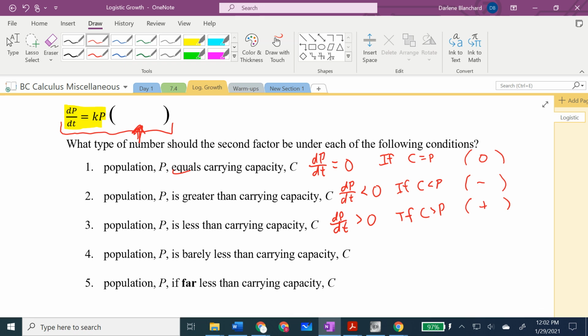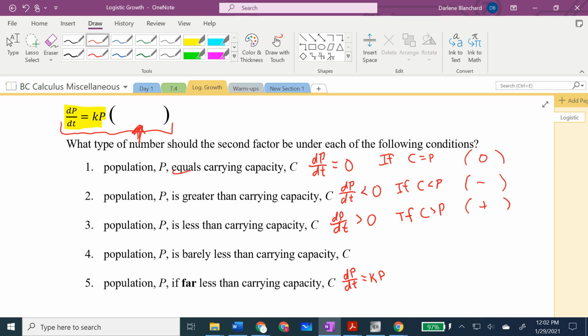Now, the last two are looking at if you do have your population under your carrying capacity. There's a big difference between being just under carrying capacity and being way under carrying capacity. If you are way under carrying capacity, then your growth rate should be exponential or close to it.